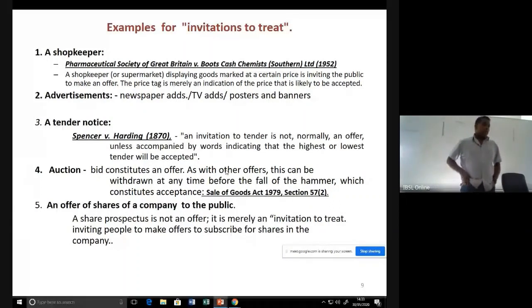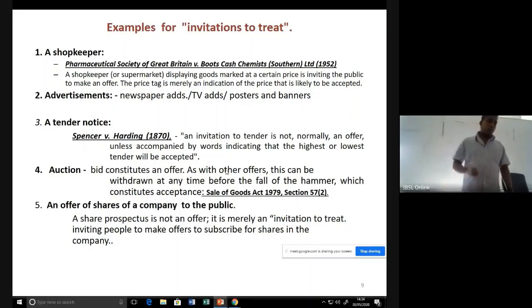Then the next one is an offer of shares of a company to the public. There are some companies that offer company shares to the public. They publish share offers to the public. So those advertisements or prospectus cannot be considered as an offer.